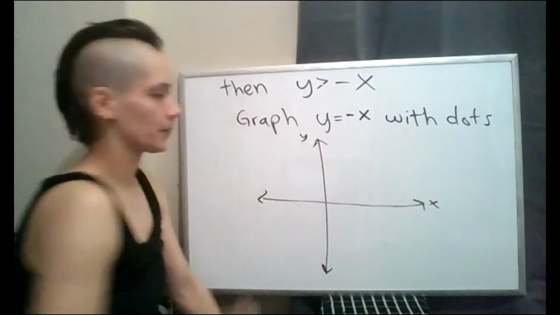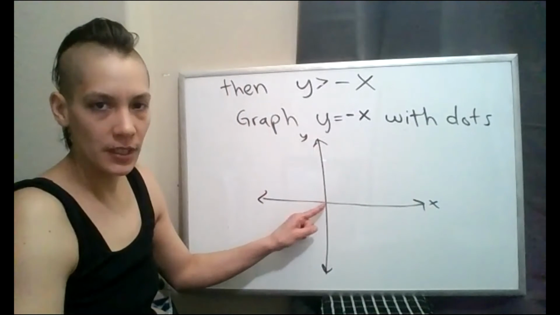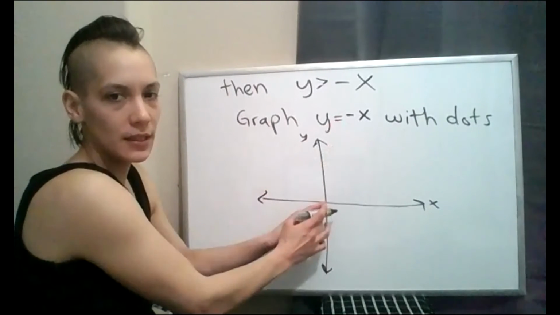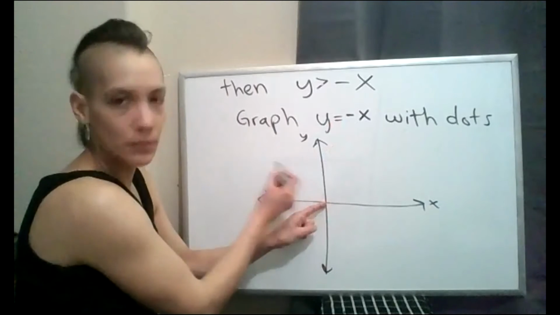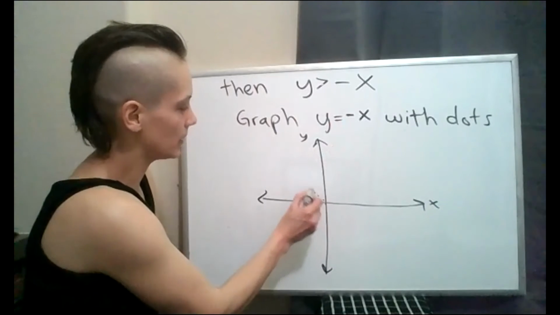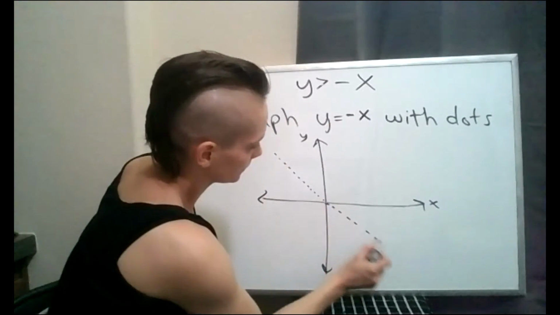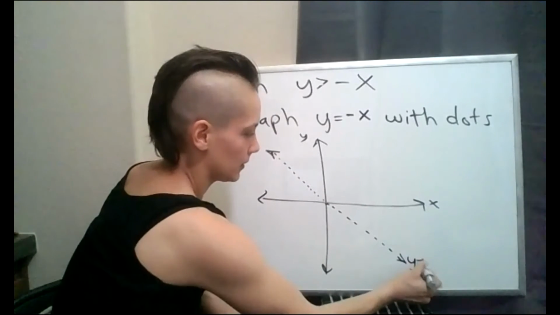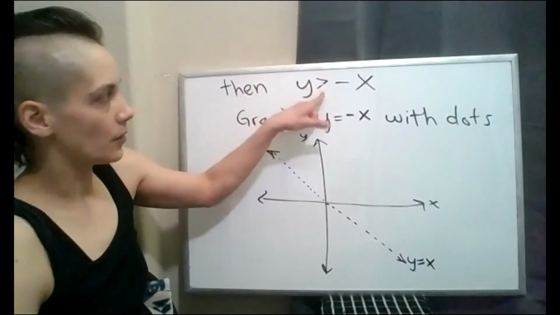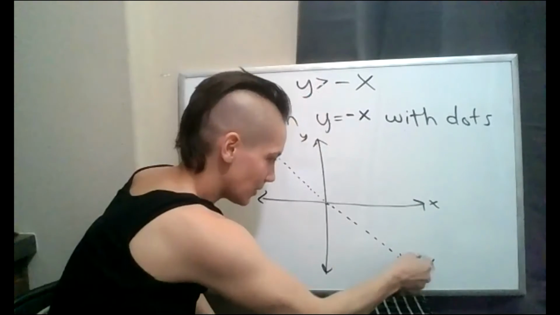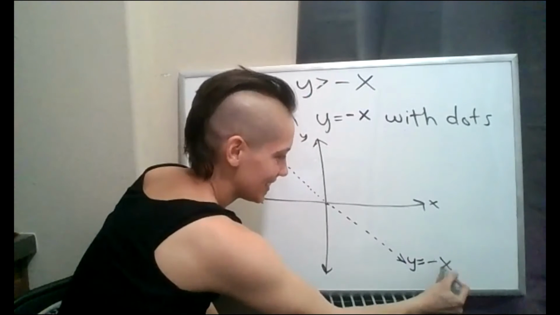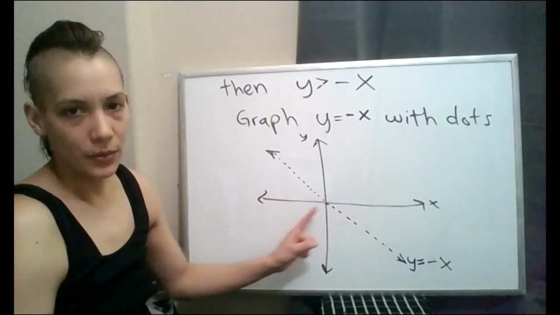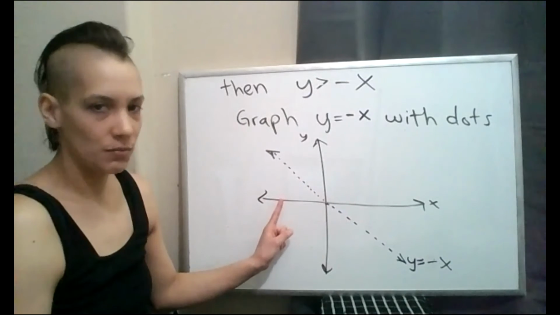It starts at the origin, intercept of 0, 0, with a slope of -1, so down 1 over 1, down 1 over 1, and use dots or a dashed line. So this way. For y greater than -x, we'll pick any point, like over here, -3, 0.